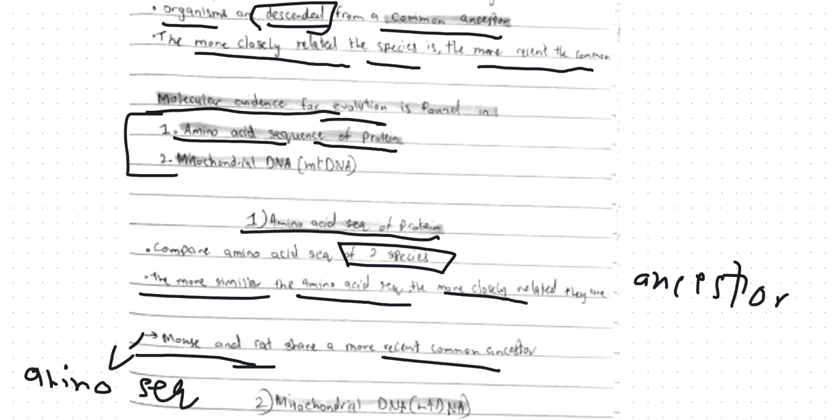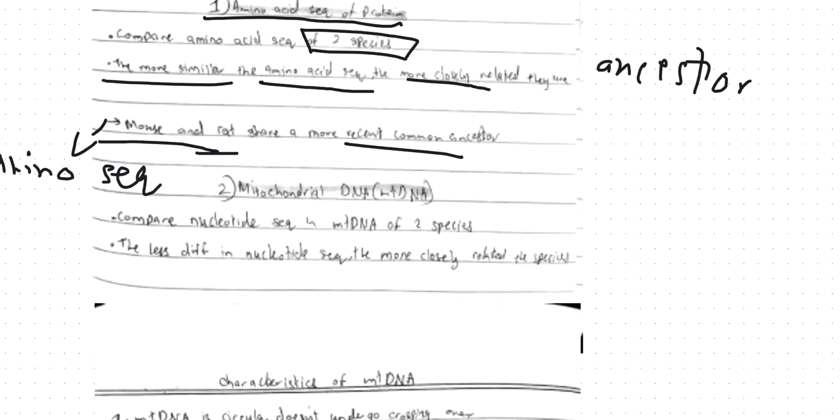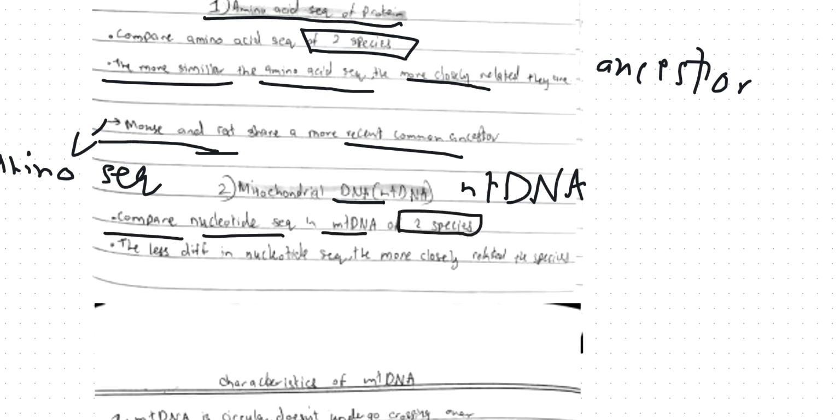The second type of evidence we have for evolution is mitochondrial DNA, or mtDNA. We compare the nucleotide sequence in the mtDNA of two different species, and the less difference there is in the nucleotide sequence, the more closely related the species are.